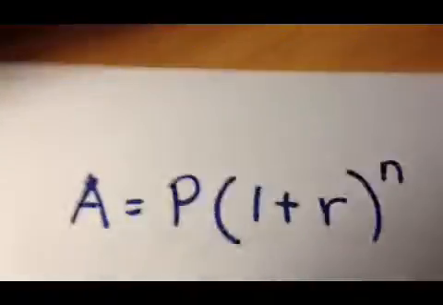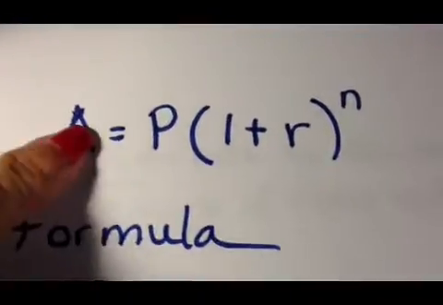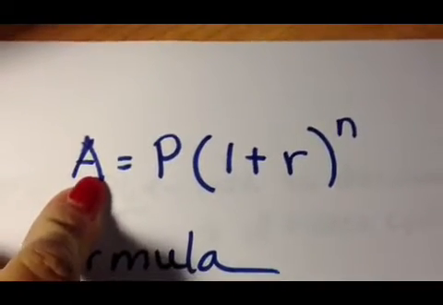Now, the formula for compounding interest is the amount. Now, we're not actually calculating just interest here. We have to do one more step when we're finished.